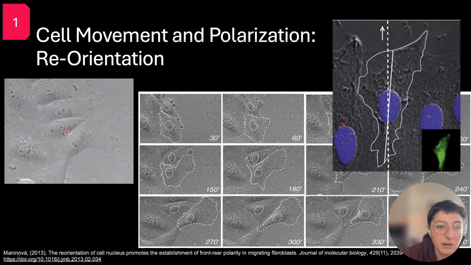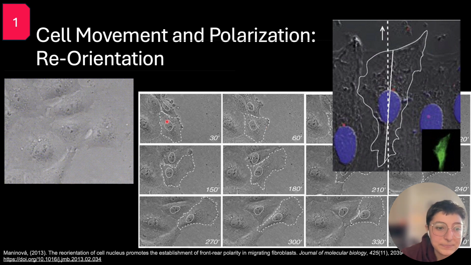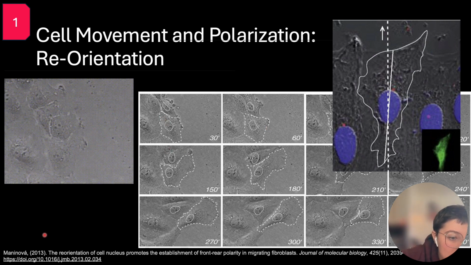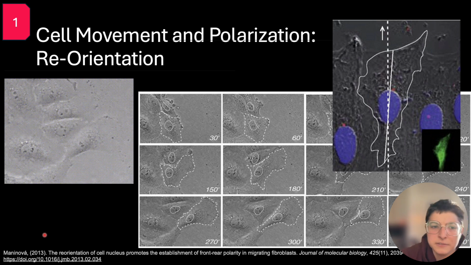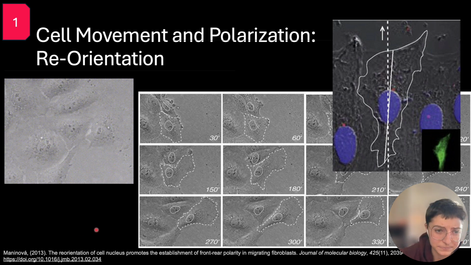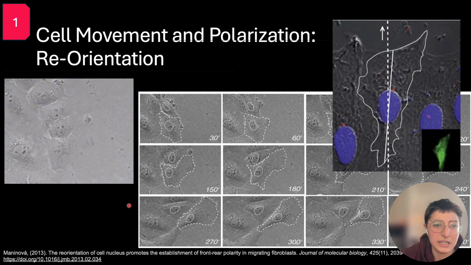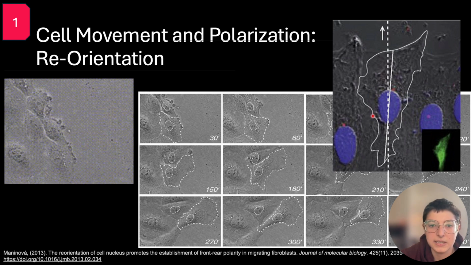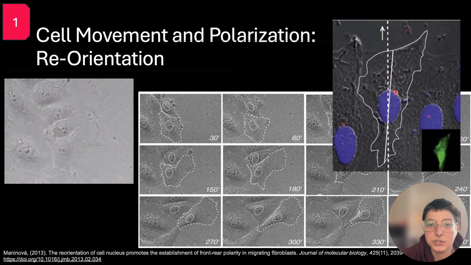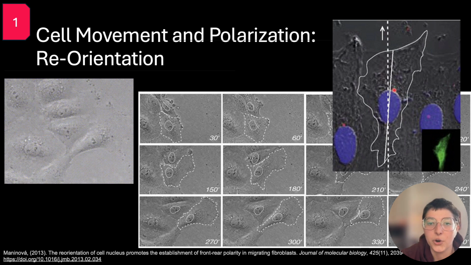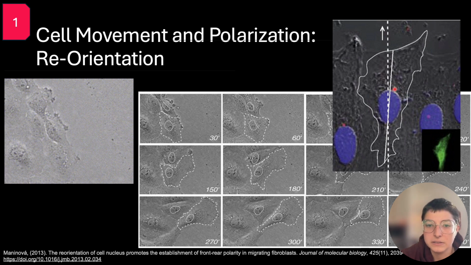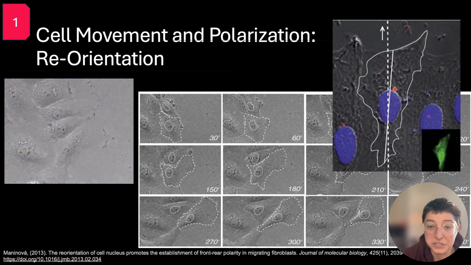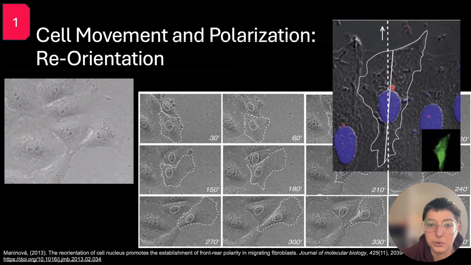So it's a bit hard to see in this video, but Manonov 2013, they did this study on fibroblast cell migration, and they were able to mark one end of the nucleus.